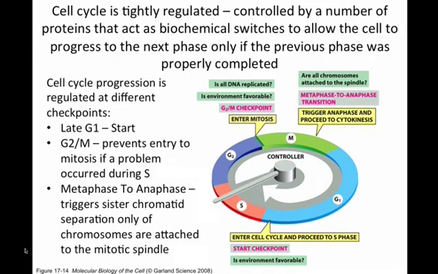If you're stuck at start, maybe that would be similar to G0. But you can have checkpoints that will halt the cell cycle in the middle of it. The question is, are you going through the cell cycle or not? If you're like a neuron or you're not dividing, then you're not even going into S phase, and that would be G0. Okay?